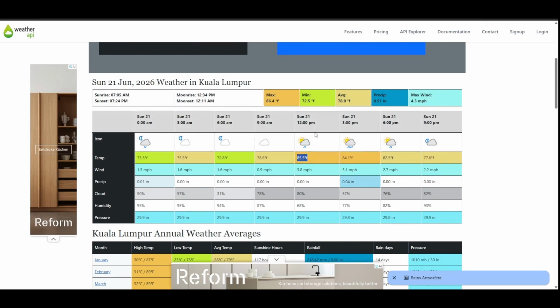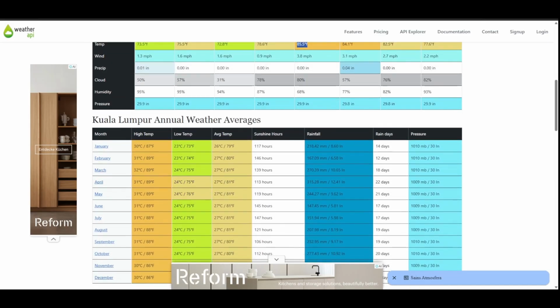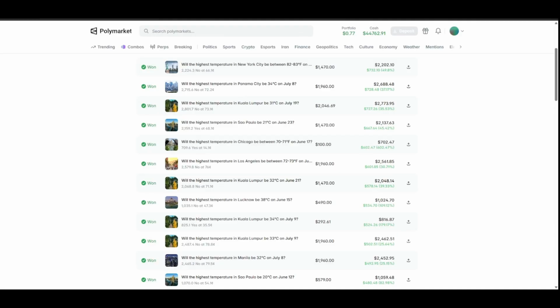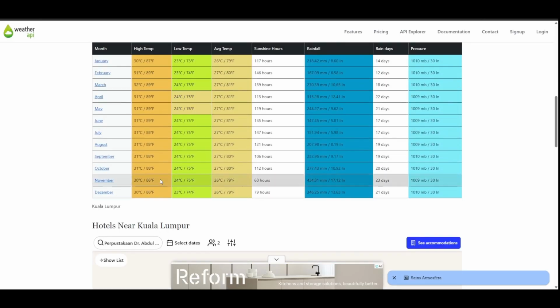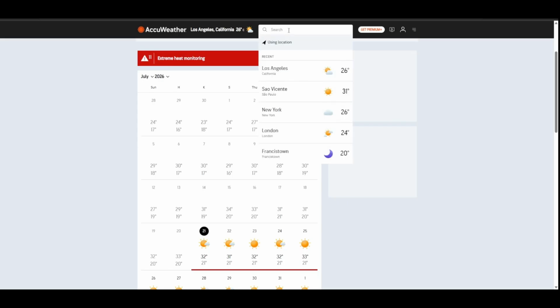Here the reading is 85.5 degrees, which overall provides us with a significant amount of confidence that there really could not have been a temperature of 32 degrees at that time. The highest average temperature we have recorded is 31 degrees, specifically in June. Accordingly, we can just look here as well.